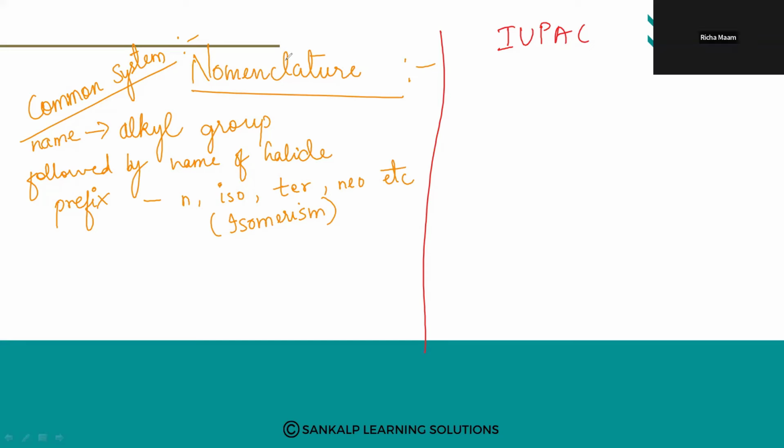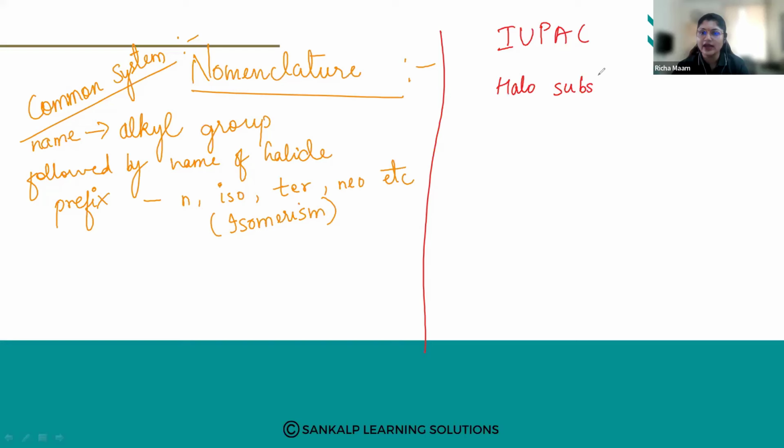So we follow the IUPAC system. In the IUPAC system, they are named as halo substituted hydrocarbons, because the hydrogen atoms are replaced by the halogen group.